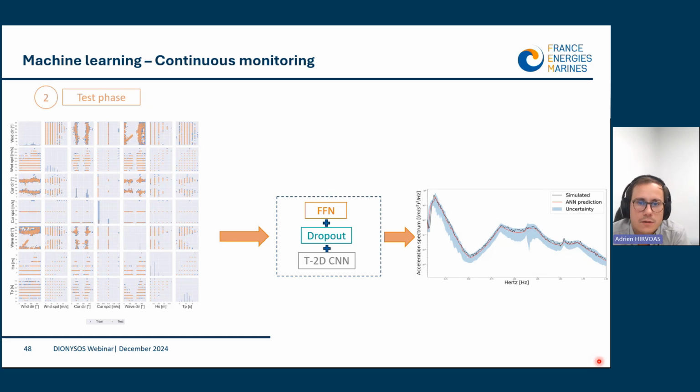Here you can see the response of our deep learning architecture, which allows us to predict the acceleration in the spectral domain of one node of the sensor architecture in one direction. The interest of our architecture is to have one prediction and the related uncertainty of the prediction along the frequency band of interest.